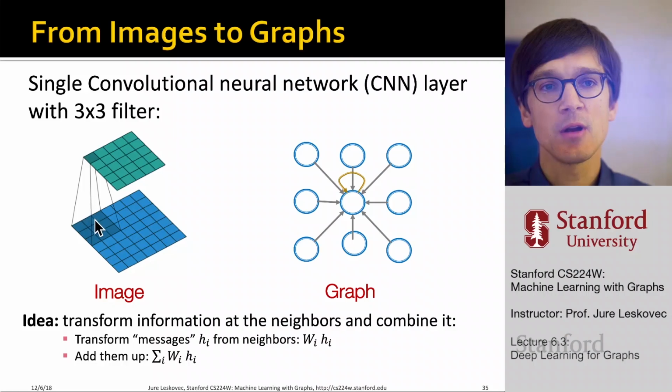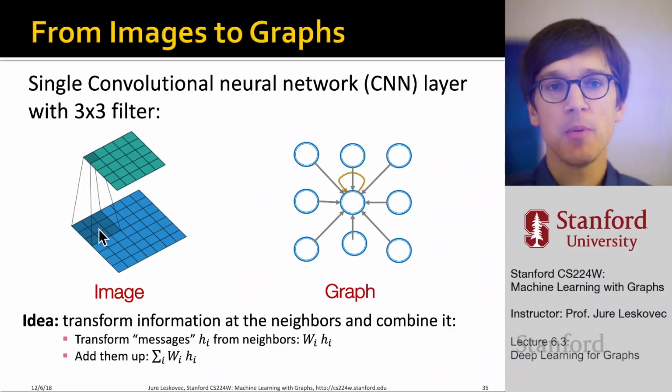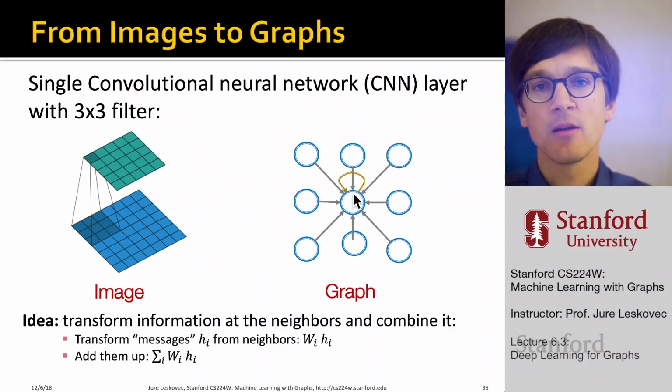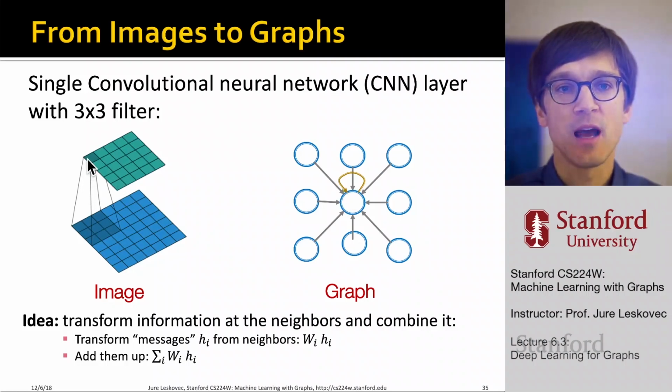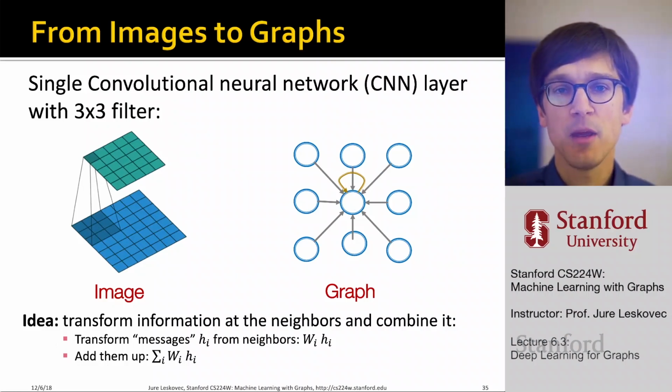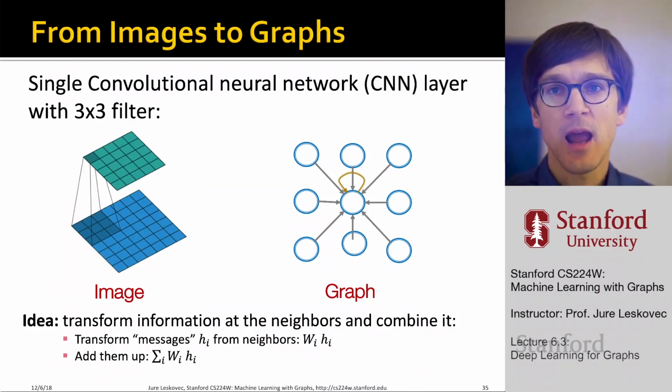The same way here, you can imagine that this is the center of the operator, and it's collecting information from its neighbors, denoted by arrows, takes its own value as well, and creates a new value, a new pixel for itself. So what convolutional operators are really doing is transforming information from the neighbors, combining it, and creating a new message.